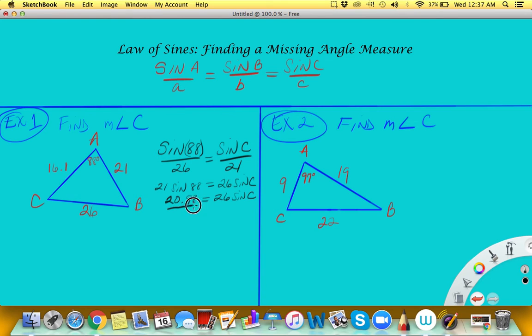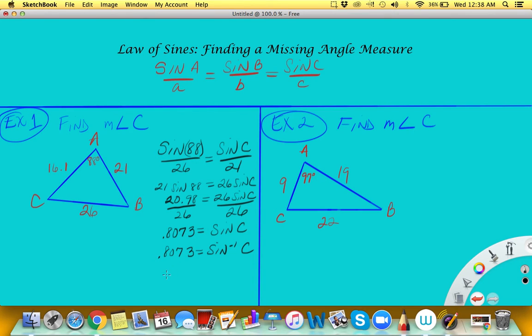So then we want to divide both sides by 26 because we want to get the sine C by itself. And when we do this, we get this decimal right here, and that is equal to the sine of C. Now remember, C is an angle measure. So we have to go into your graphing calculator and say this decimal 0.8073 is equal to the sine inverse of C. When we take the inverse and enter it into the calculator, it's going to give us the angle measure.